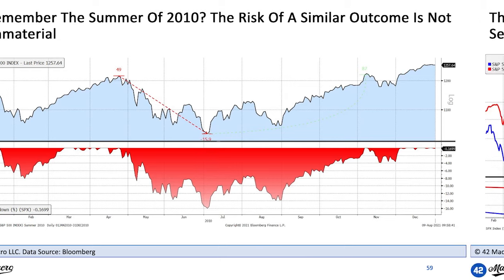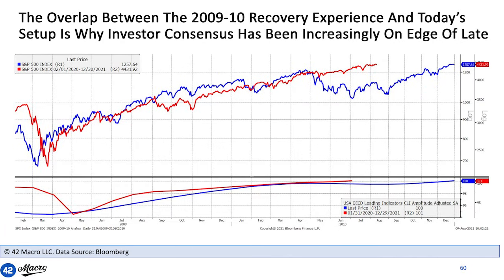On slide 60, the overlap between the 2009 and 2010 recovery experience and today's setup is why investor consensus, in my opinion, has been increasingly on edge of late. The economic setup in these charts, in terms of the analog, is perfect. You had a big financial crisis born out of a big economic event to the downside, obviously pandemic versus financial crisis, but again, same setup.